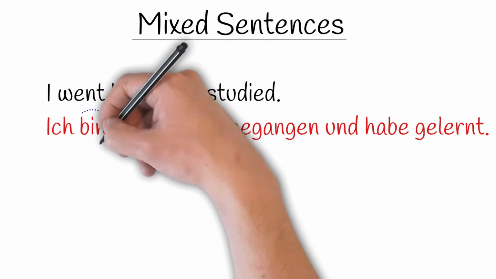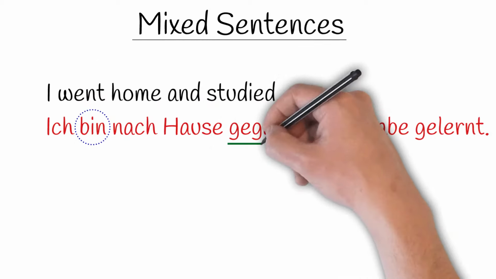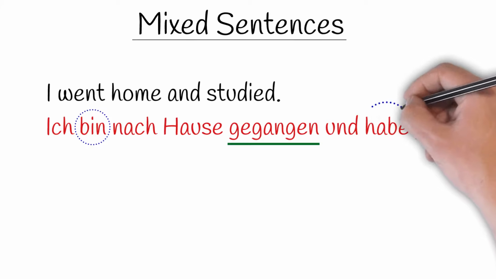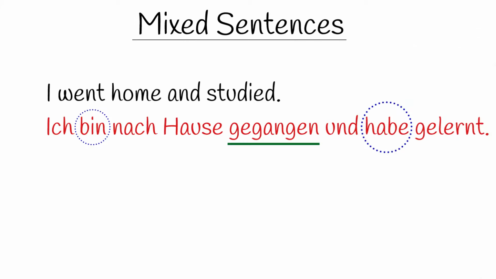Notice that we use bin with the first verb because it's a verb of movement, going. But we use habe for the second verb because studying or learning is an activity which does not require significant movement. And you need to make sure that you change the helping verb in that sentence so that each past participle has the correct helping verb.